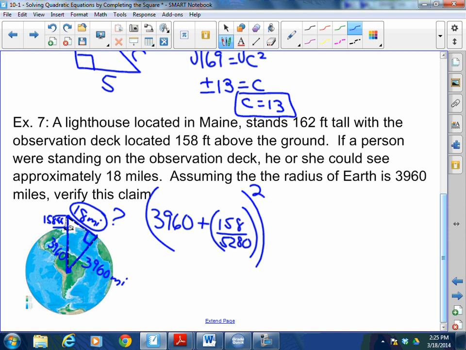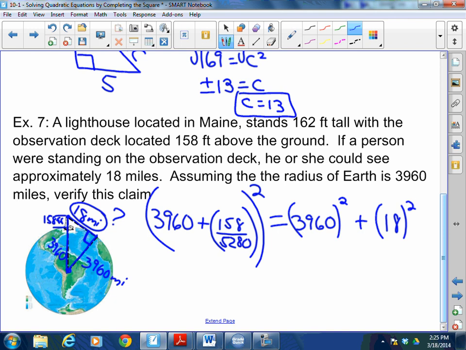That must equal 3,960, which is one of my legs, squared, plus 18 squared. If you plug that into your calculator, it has to be equal. If it is not equal, then the claim is wrong.